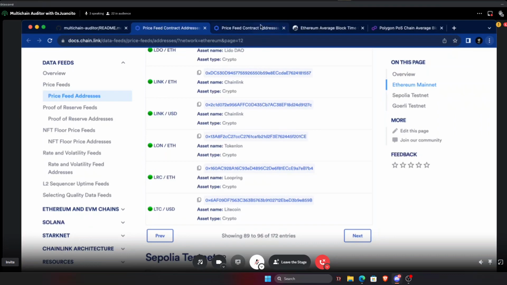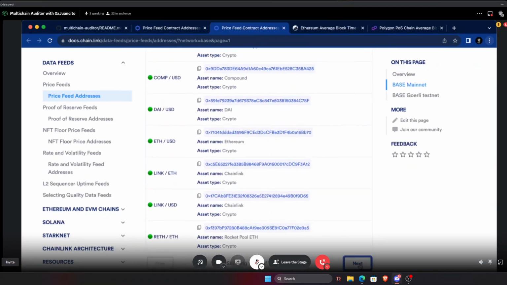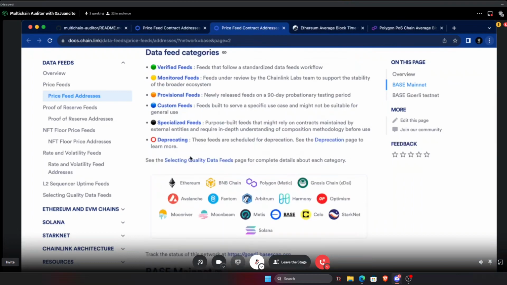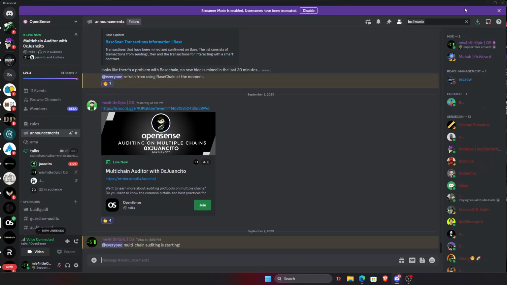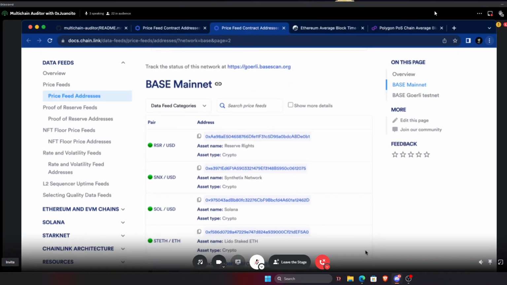But LTC USD, you might not find it in Base. So that's something that you should also check. Check that all of the feeds you're using on Chainlink are available on that specific chain, or you may run into some issues.